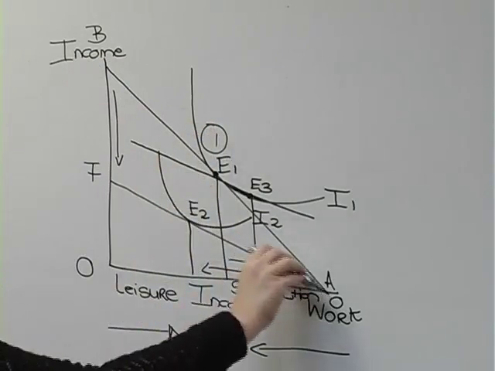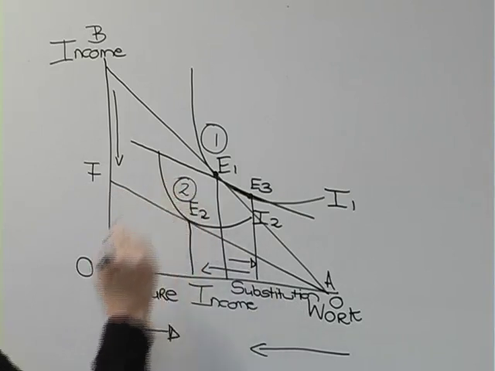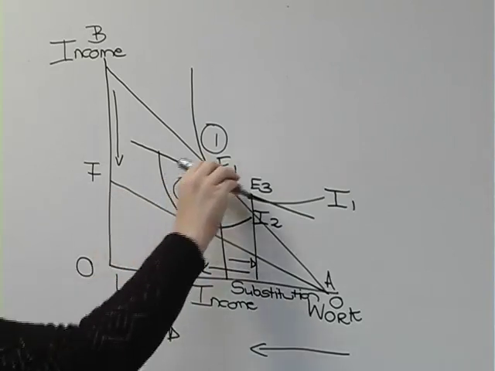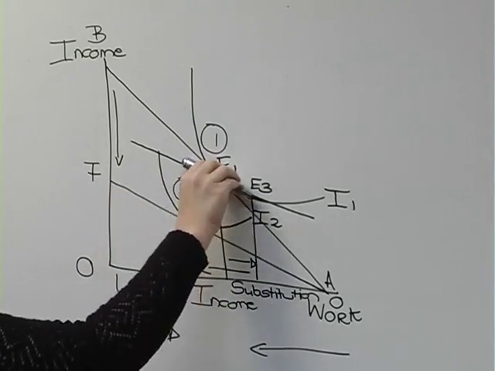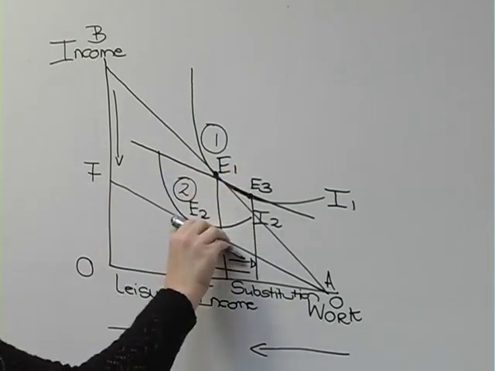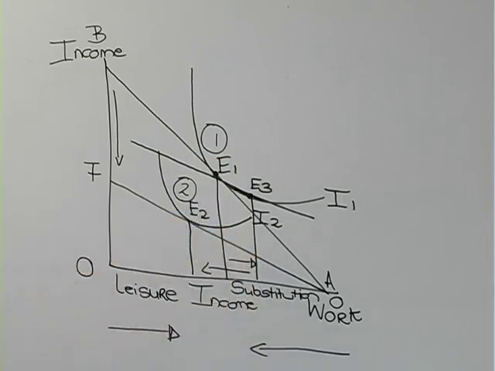The second step will be the pivot because of the personal income tax. And to see the effects of this, draw a line parallel to this budget line to see the effect of the personal income tax. In this case, there's an income effect, but also a substitution effect.